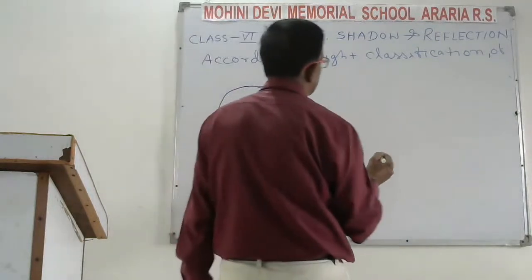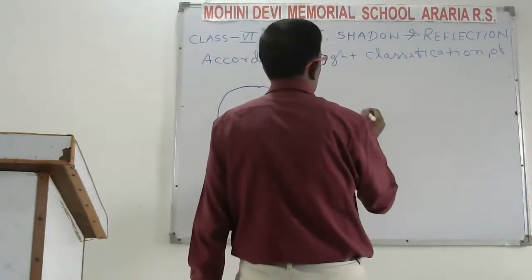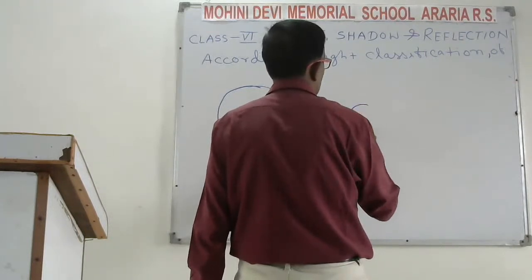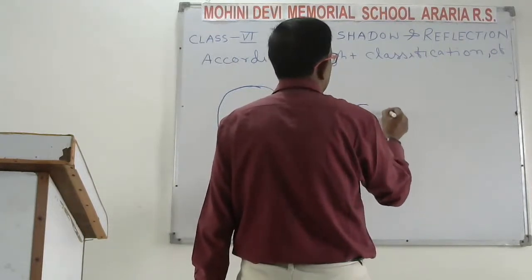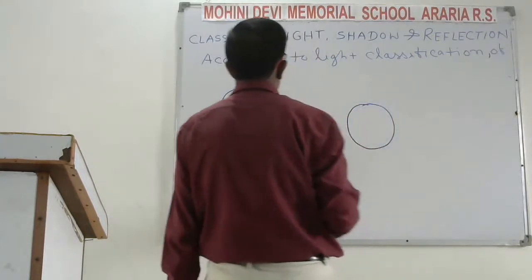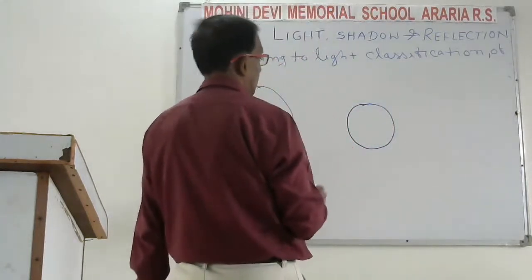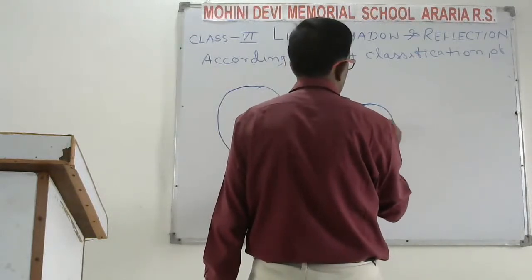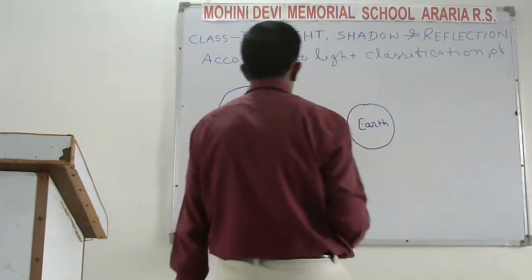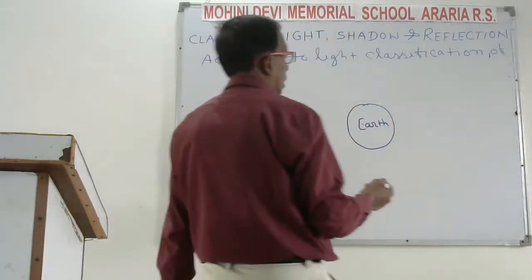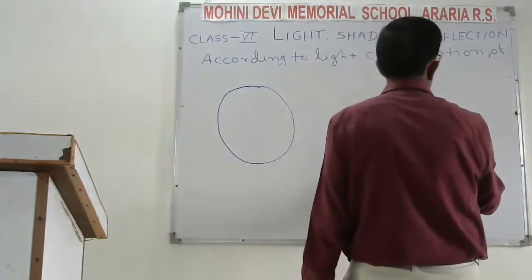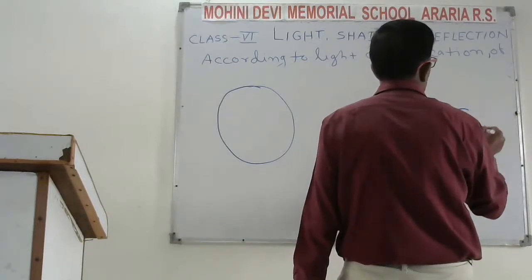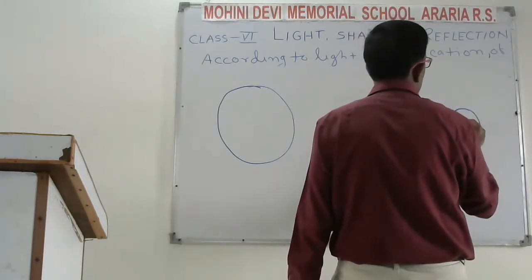Now, here is Earth. It is smaller than the Sun. And it is Moon. It is smaller than Earth.